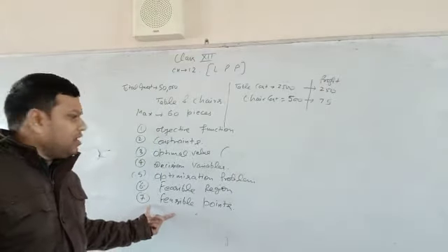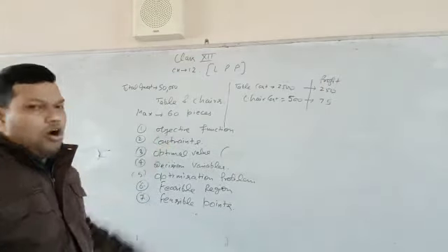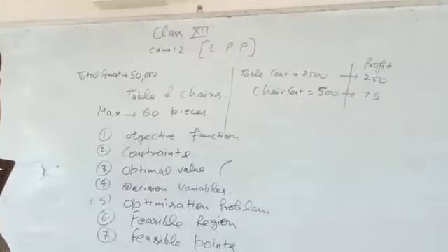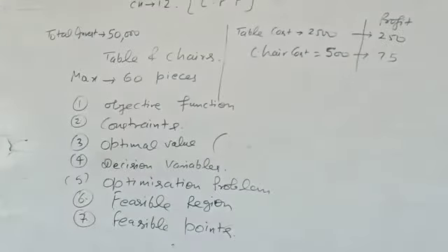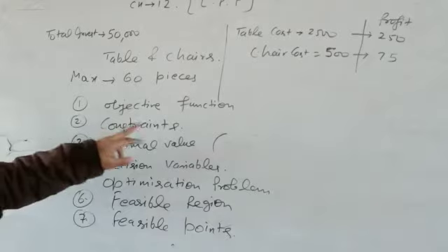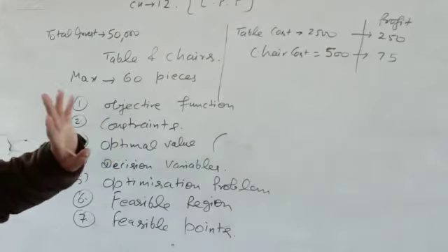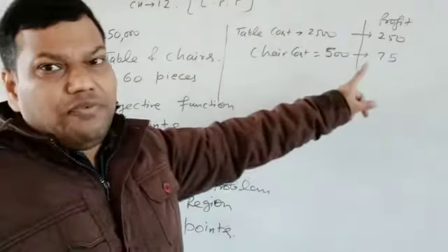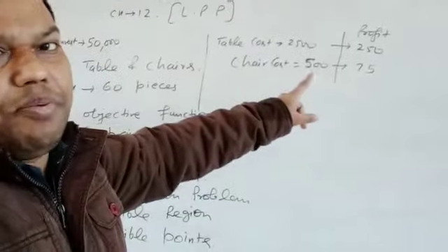I have written here that the first one is the objective function. What is that? It means he wants to get the maximum profit.